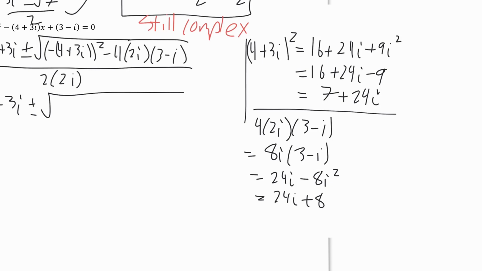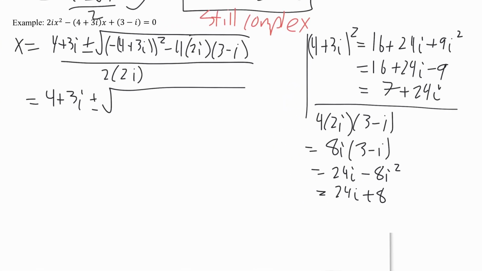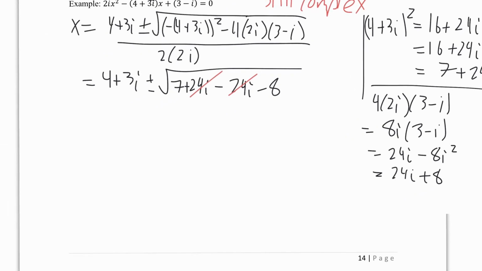So we'll pop both of those back in over here. So the first part is 7 plus 24i. Then we have to subtract. So minus 24i and then minus 8. These cancel. And this is all over 4i.